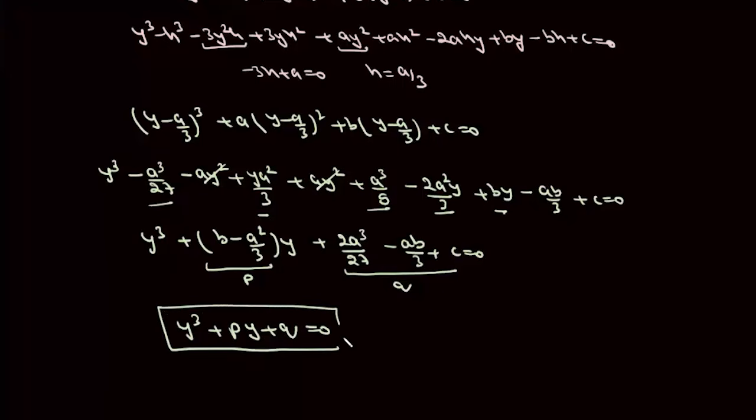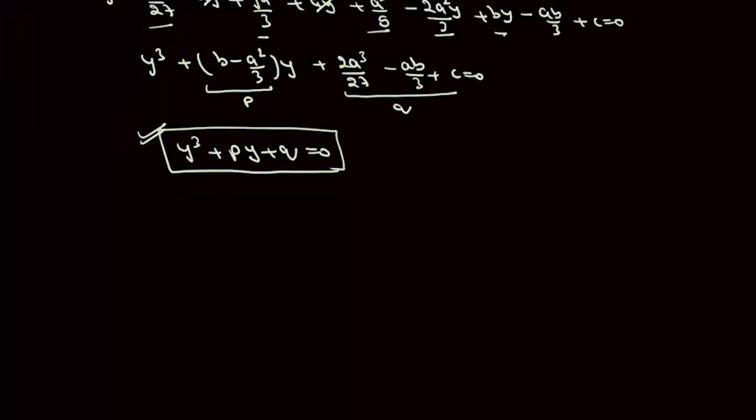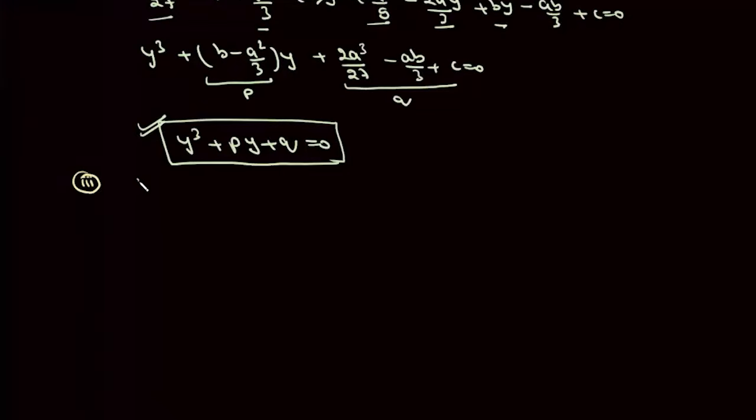So the second step is to get a depressed cubic which doesn't have a y squared term, and you get this cubic by substituting x as y minus a by 3. Now we have to solve this depressed cubic. Here our third step is we'll split the variable and we'll use one extra degree of freedom.